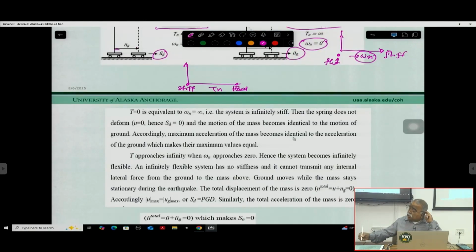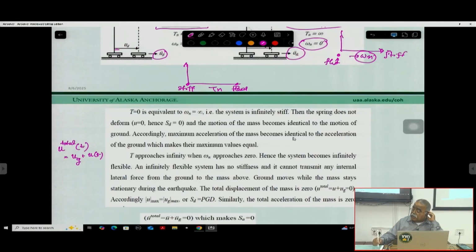Please also understand this: your total displacement is basically the displacement produced by the ground plus the displacement produced by the structure itself, right? So that is your u total.